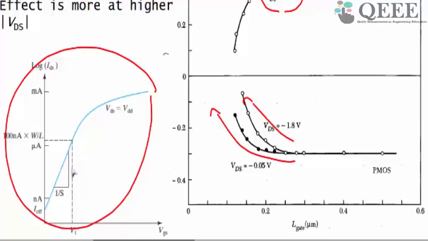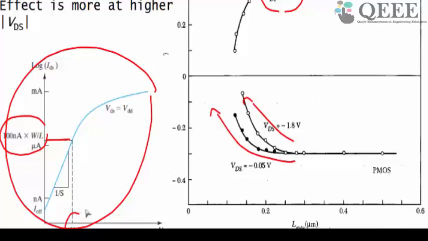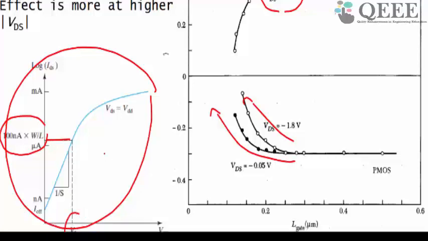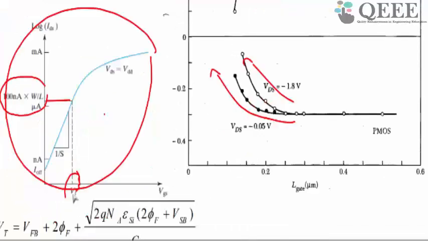Typically, to measure the threshold voltage in industry, they specify some current, for example 100 nanoamps times W over L. Then they measure the current and look at what gate voltage the current reaches this value. They call that gate voltage the threshold voltage. This is one way you can measure threshold voltage for a very large number of devices, and this is how it is practiced in industry.